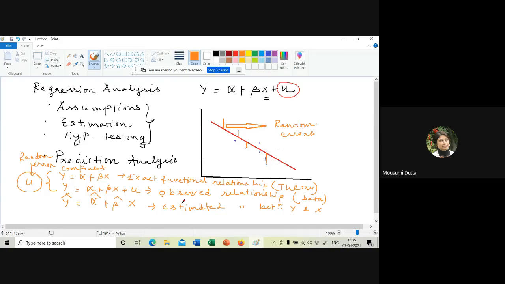Assumptions will center around the random error term U. Okay, and then after completing assumptions, we will learn how to minimize error, and then how to estimate alpha hat and beta hat, and how to reach at y hat estimated relationship.